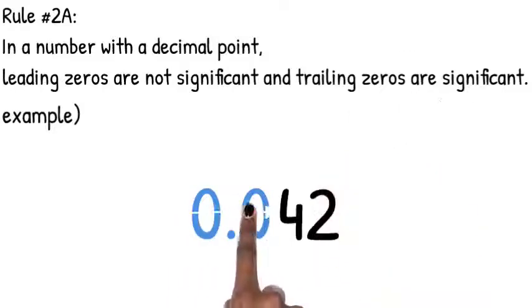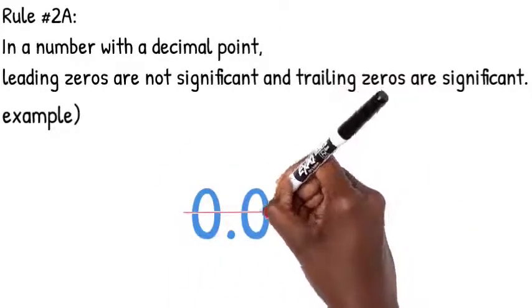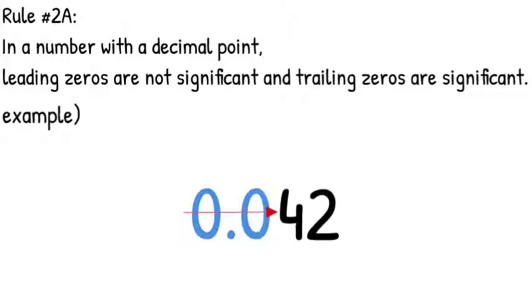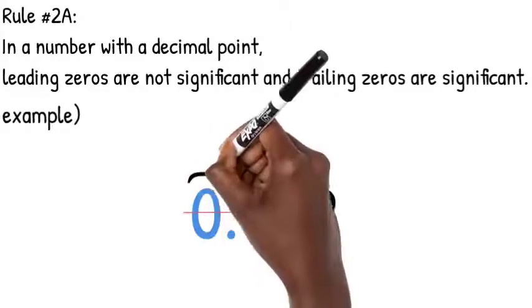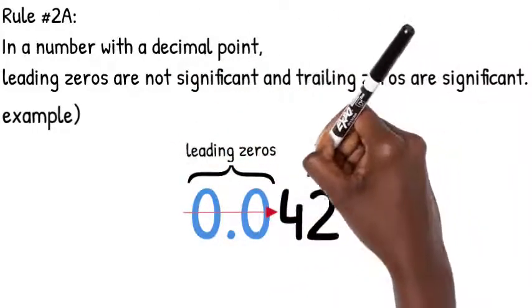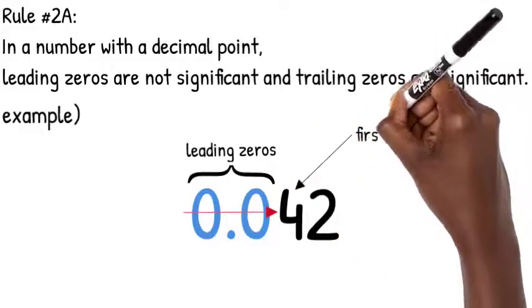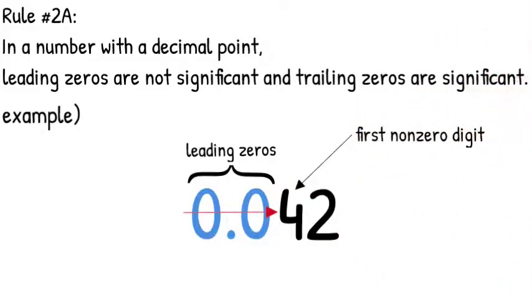0.042. Starting at the left and moving right, the digits in this number are 0, 0, 4, and 2. The first two digits are leading zeros, so they are insignificant. The first non-zero number is 4 in the hundredths place, and after that is 2 in the thousandths place.